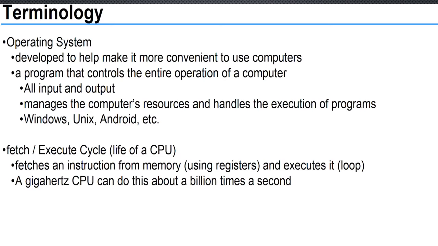A gigahertz CPU can do this about 1,000,000,000 times a second. Imagine all the files your computer is running, doing this billions of times a second. You can't imagine what's going on in your computer in the background.